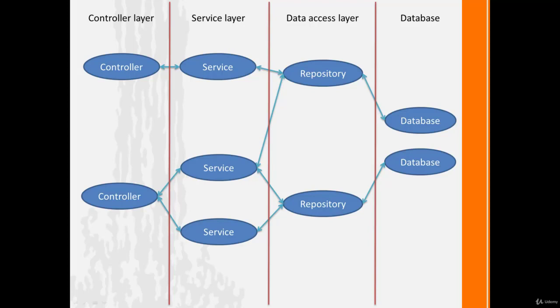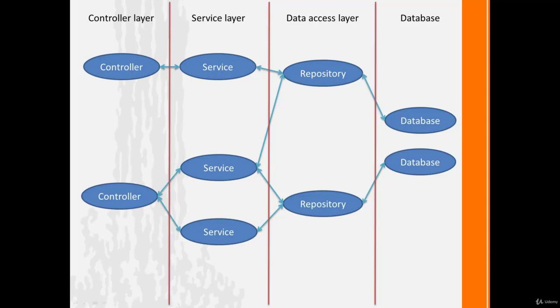Now, I didn't show that with an arrow in this particular example, but you could, of course, do any sort of connection. Now, you're probably wondering, you understand the controller layer, you understand the service layer, and you understand the repository layer, right?